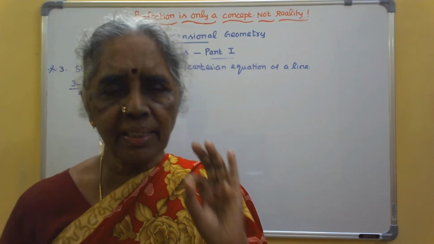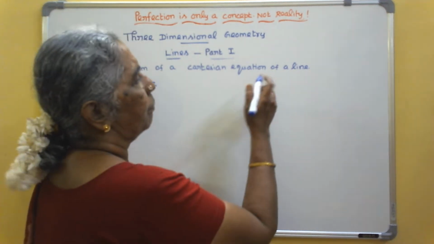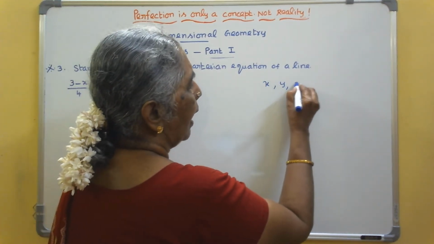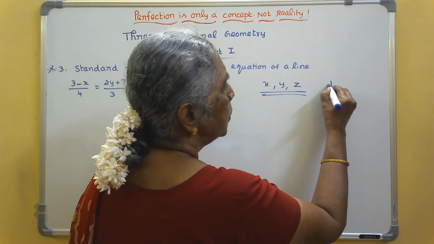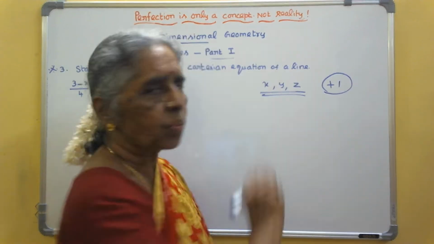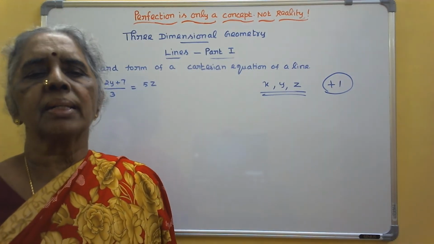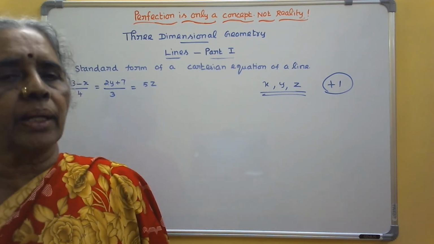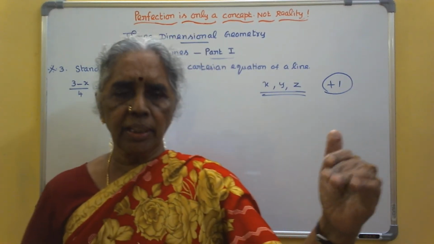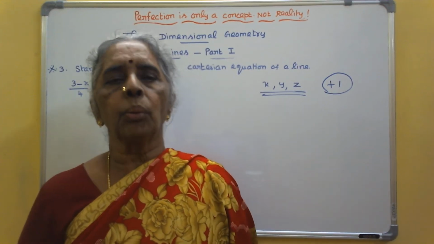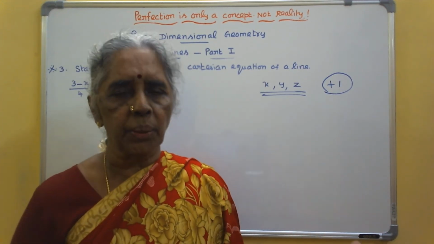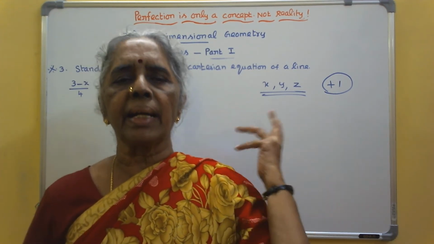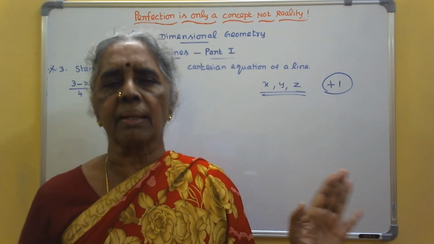The coefficients of x, y and z should be only plus 1. That is called standard form. Only when it is in the standard form, you can convert it into a vector equation. You can find the direction ratios, you can find the direction cosines, and you can proceed with the sum.